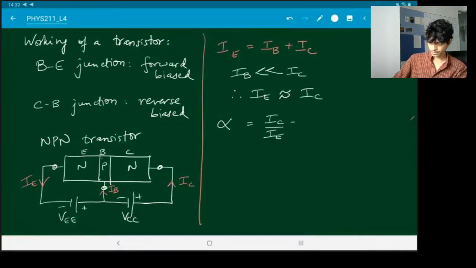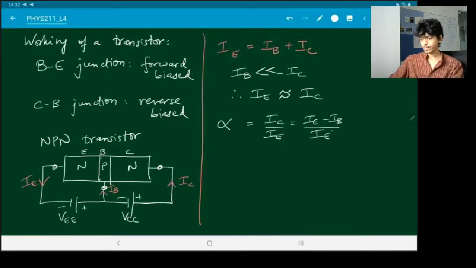Or you can think of this as IE minus IB over IE. Now, because IB is much smaller than IE, this quantity is almost 1 but slightly smaller.